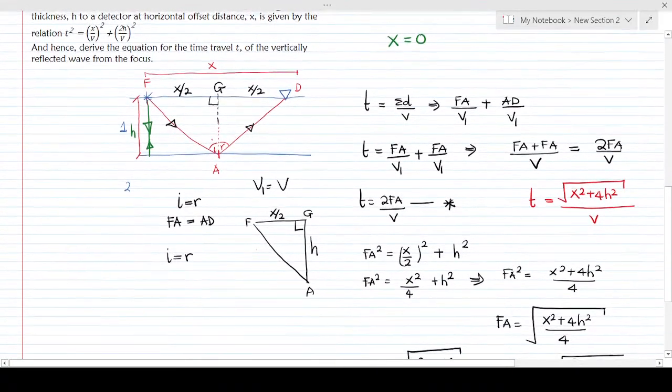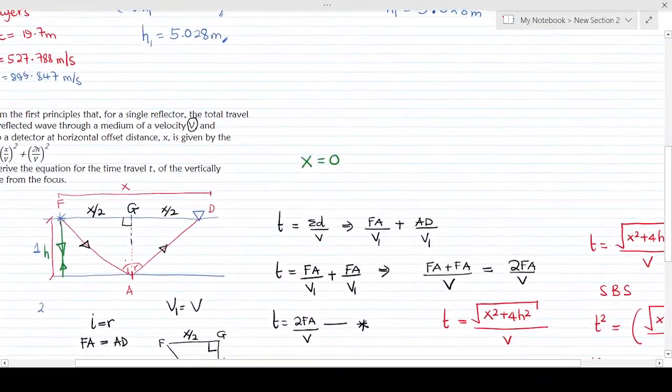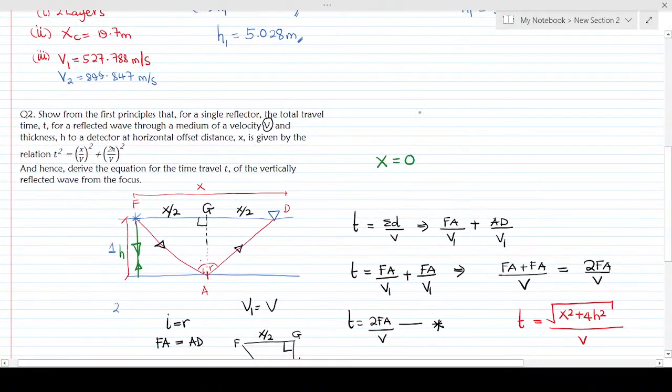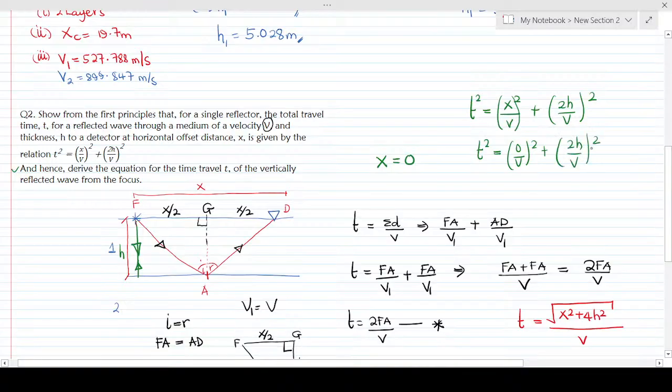So from our equation, T squared equals x over v, all squared, plus 2h over v, all squared. Now for this to happen, x will be 0. So T squared will be equal to 0 over v squared plus 2h over v squared, right?